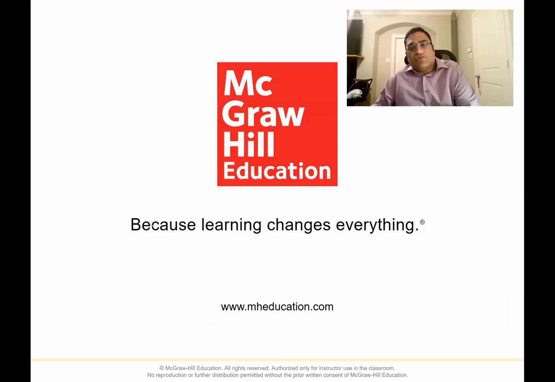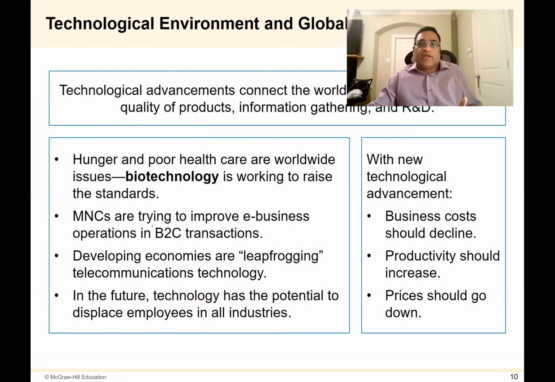All right, so that is it for this chapter. So, quick recap: political system, legal, and technological. Political system, whether they have a presidential system, parliamentary democracy, or totalitarian regime, it doesn't matter as long as it is stable and it is predictable. That's all that matters for the most part.